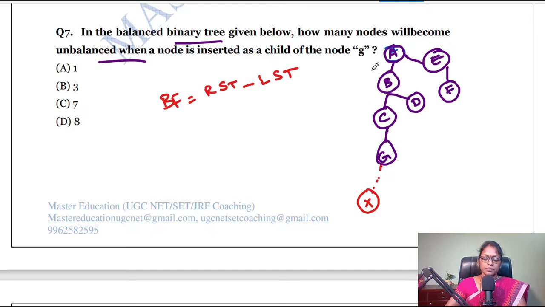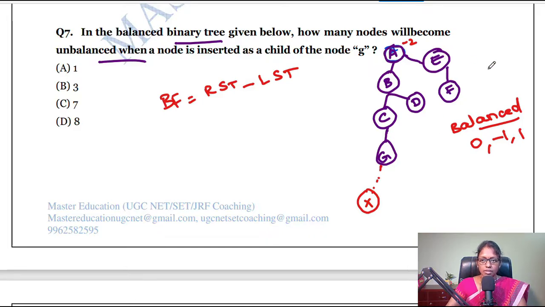So 2 minus 4 gives minus 2 as the balance factor. Normally the balance factor should be 0, minus 1, or 1. Anything beyond this becomes unbalanced.